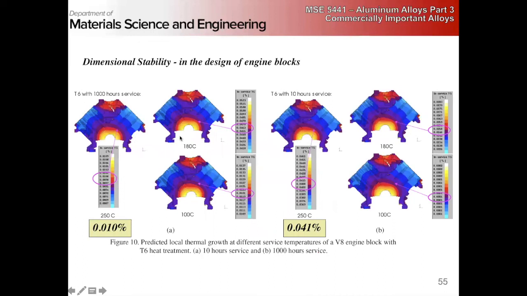And so when people design components, they actually run models where they take the microstructure evolution into account, and how is the stress state in the engine block going to change as a function of the in-service operating conditions. And so that wraps it up for aluminum.